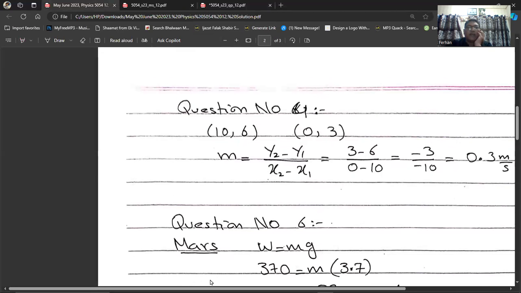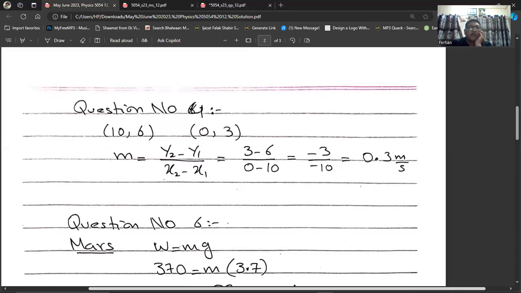So I have noted down 2 points, 10, 6 and 0, 3, on that tangent. Then I will apply the formula of the gradient, that is y2 minus y1 divided by x2 minus x1. So it will be 3 minus 6 in the numerator, 0 minus 10 in the denominator. So you will have minus 3 by minus 10, which will be 0.3 meter per second.